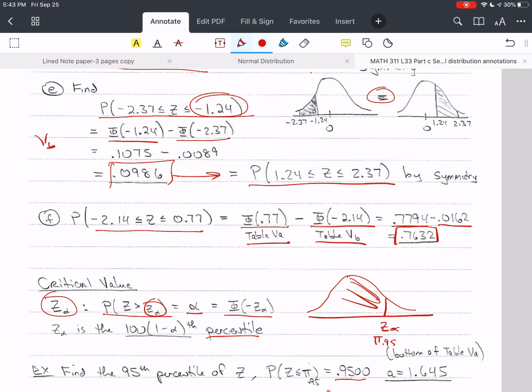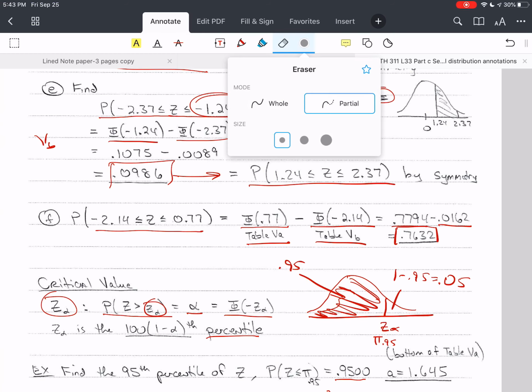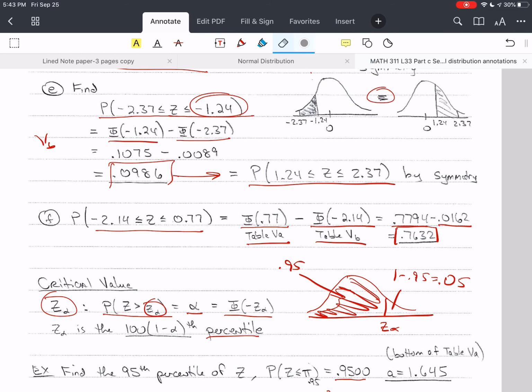That means that 0.95 is over here, and 1 minus 0.95 equals 0.05 over here. So this is going to be Z of 0.05, which is phi inverse of 0.95.